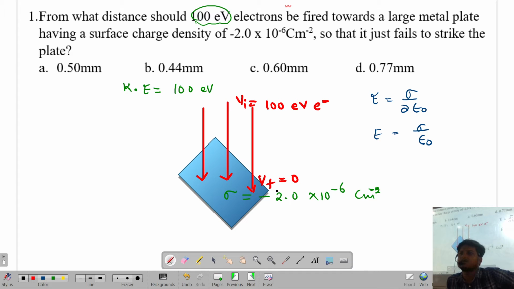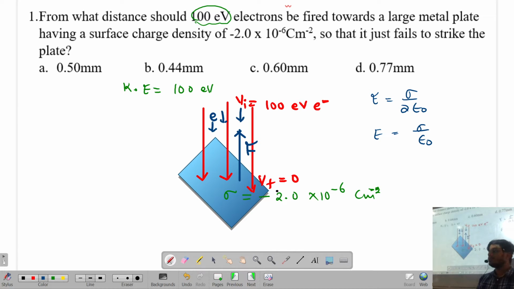So that means this plate is applying some kind of force on the movement of the electrons. If the electrons are coming this way, the plate applies some force on them, and due to this force the velocity of the electron becomes zero.